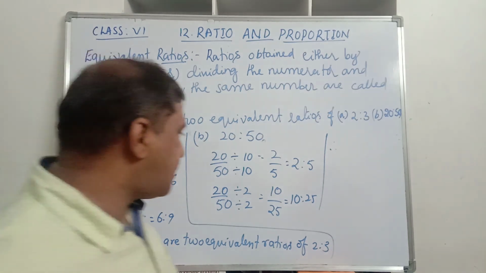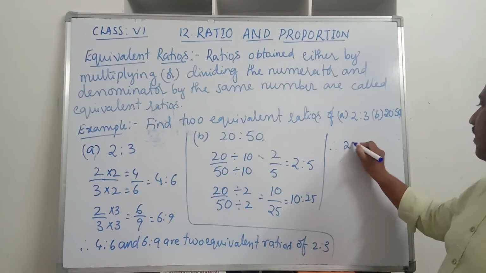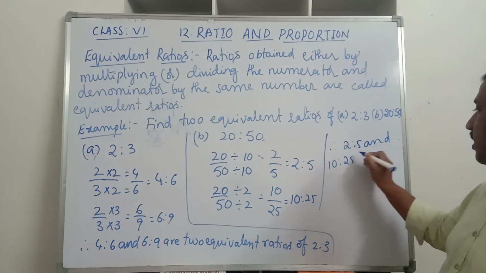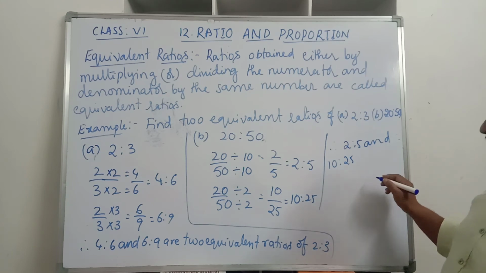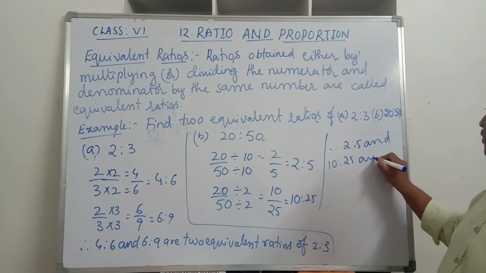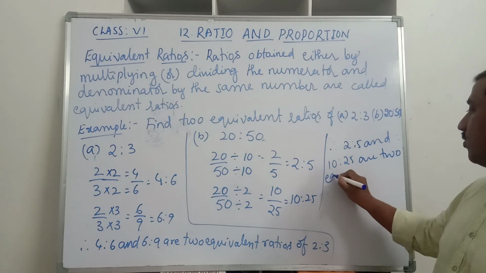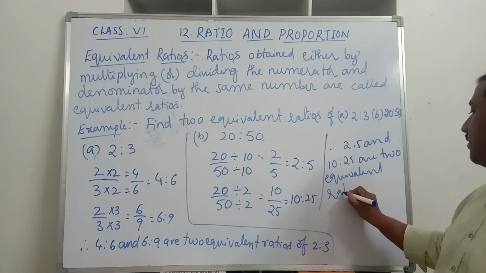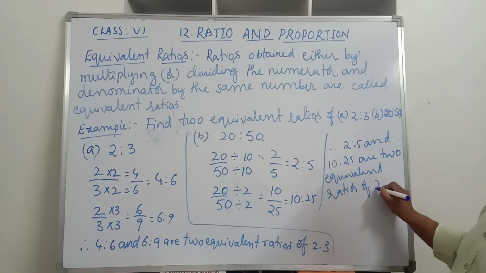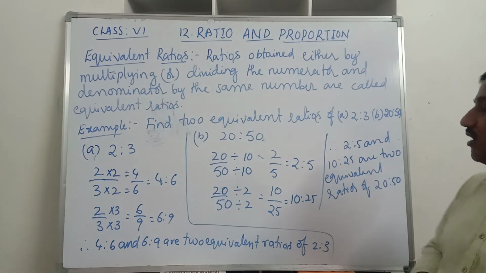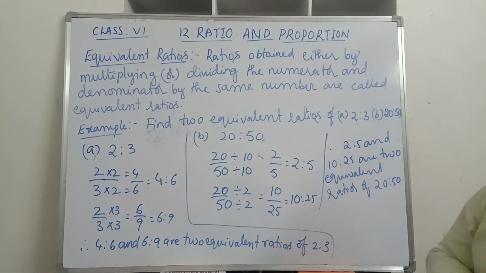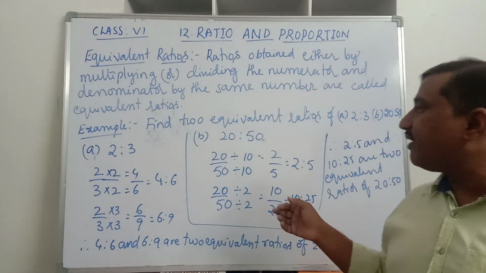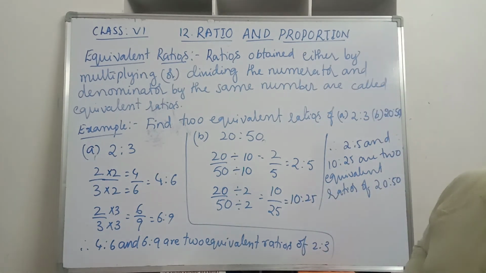Therefore, 2:5 and 10:25 are two equivalent ratios of 20:50. So how do we find equivalent ratios? Either by dividing or multiplying both numerator and denominator of a ratio, we will get the equivalent ratios.